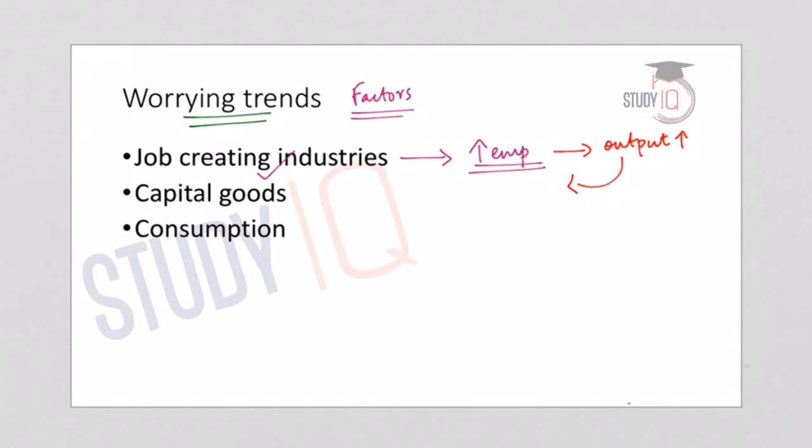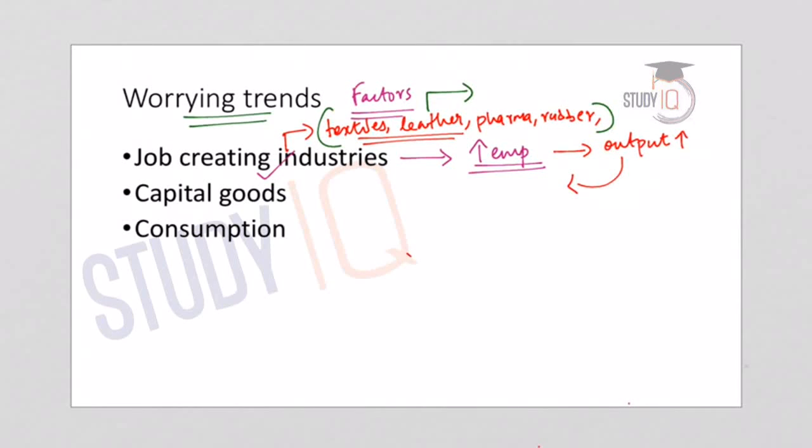Now coming to job creating industries, the major job creating industries in the economy are the textiles industry, the leather industry, pharmaceuticals, the rubber industry, plastic products, motor vehicles, etc. These are the major job creating industries. It means they employ a huge number of employees.